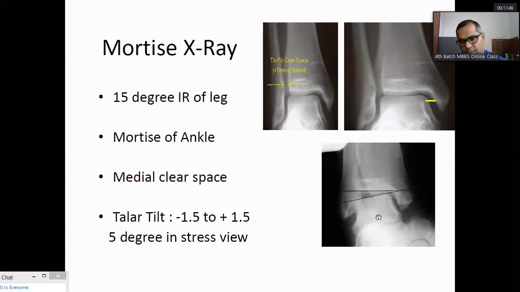When we give a varus or valgus stress to the joint, we see the tilting of the talar dome compared to the distal plafond of the tibia. We call it talar tilt. Up to 1.5 degrees, positive or negative, is normal. If more than that, the talar tilt is significant, and it suggests some ligament injury.